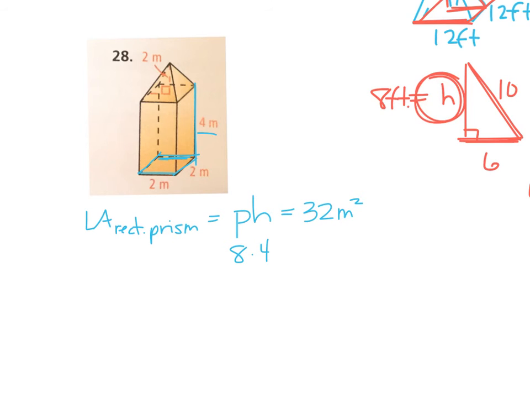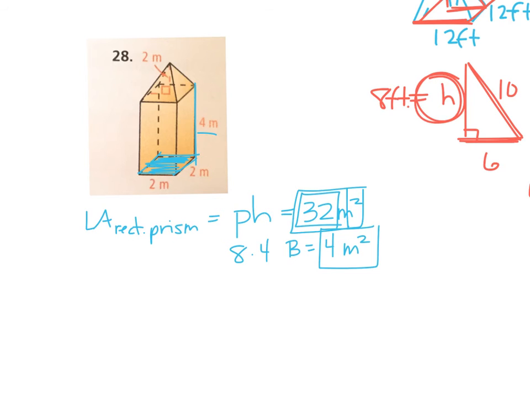But then we also need the area of the base. There's only one base because this base is hidden, so that's not part of the surface area. That's why I don't just do surface area. I do lateral area, and then the area of the base is 4 square meters. So we're going to take those two numbers and add them together. Or you can just add them up at the end, that's fine too.